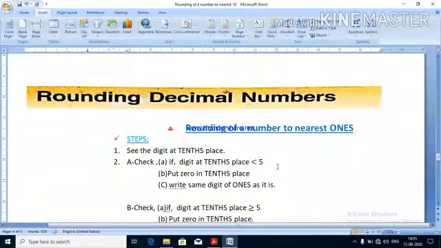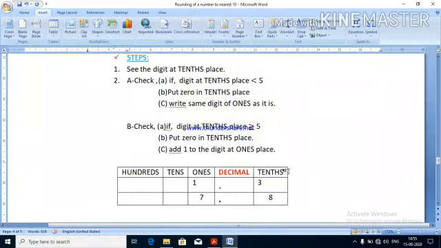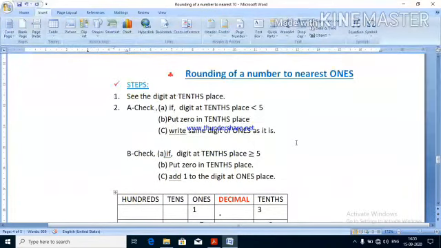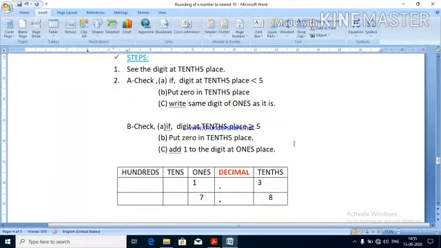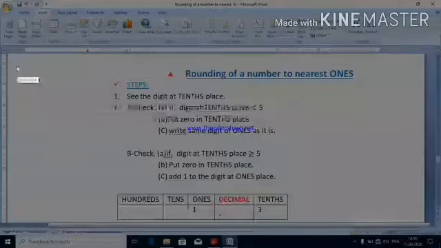Now the rounding of decimal numbers. This is very important. Now see, rounding of a number to the nearest ones. In this case, for the digit at the ones place, you have to see the digit at the tenths place.